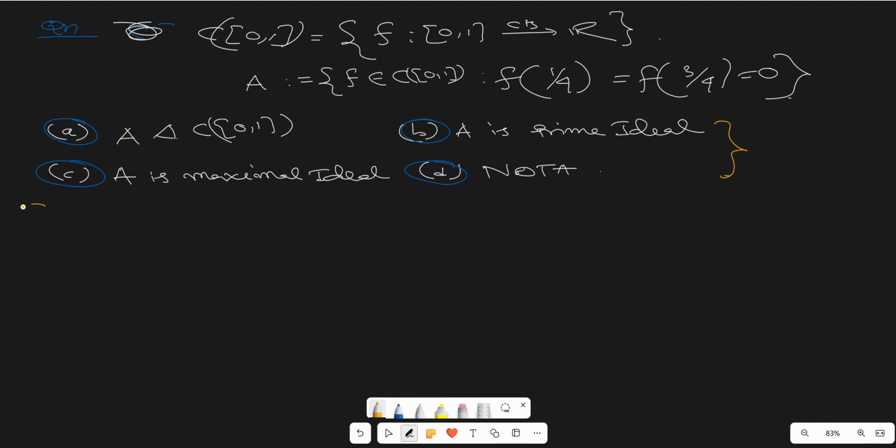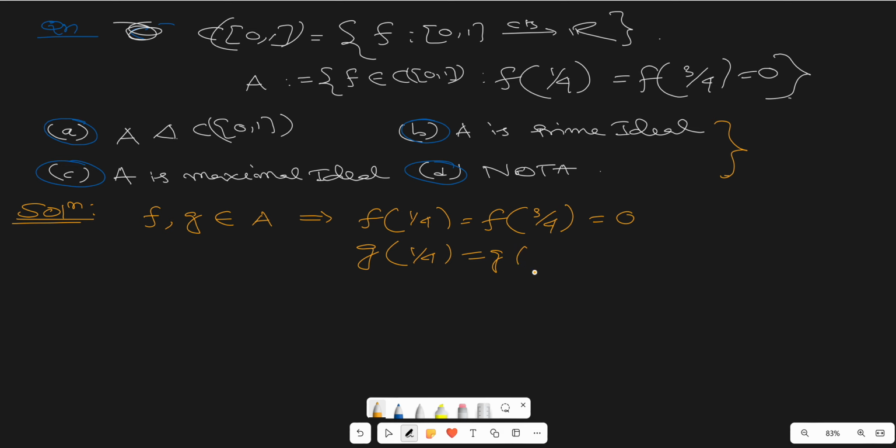Solution. Suppose you have two functions f and g inside A. What does it mean? This implies that f(1/4) equals f(3/4) equals 0, and g(1/4) equals g(3/4) equals 0.